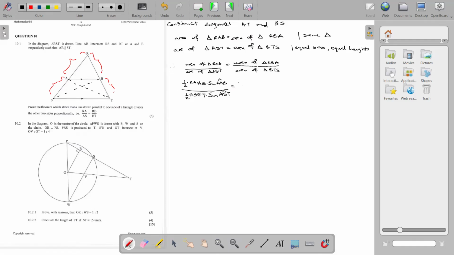So we are going to say half, the sides will take RB times BA, then the included angle, which is RBA, sine RBA, divided by half.